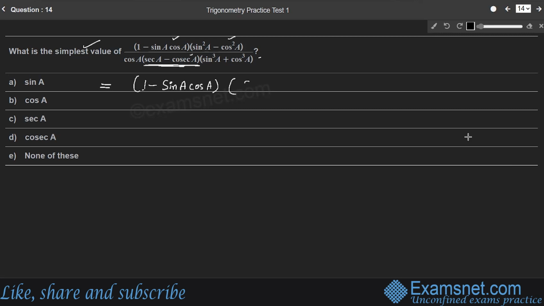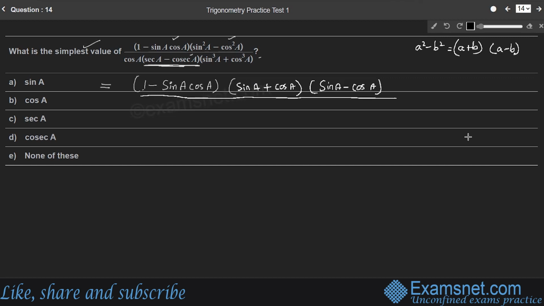Even sin square A minus cos square A, otherwise you can convert sin square A minus cos square A as sin A plus cos A into sin A minus cos A, because it is in the form of A square minus B square, which is A plus B into A minus B. And in the denominator, we have cos A into secant A, which is the inverse of cos.